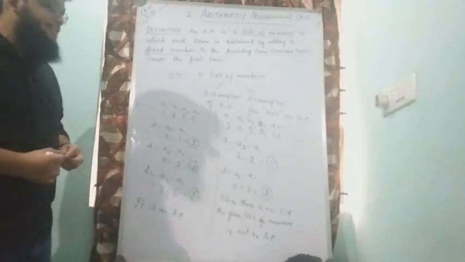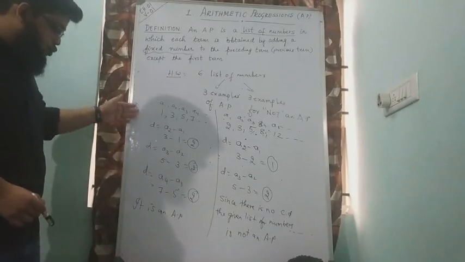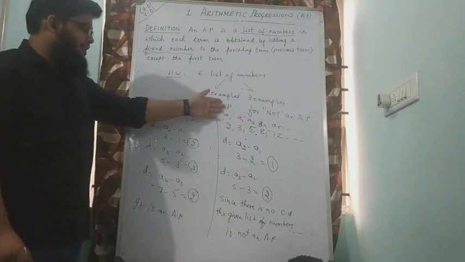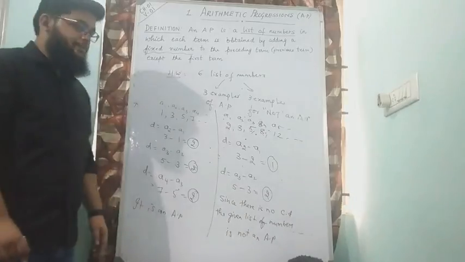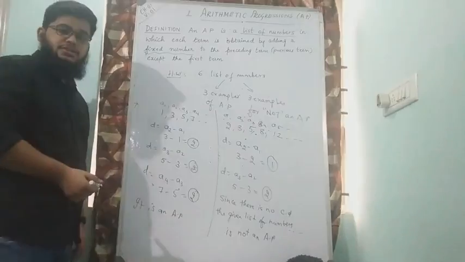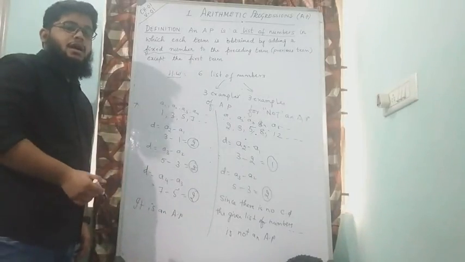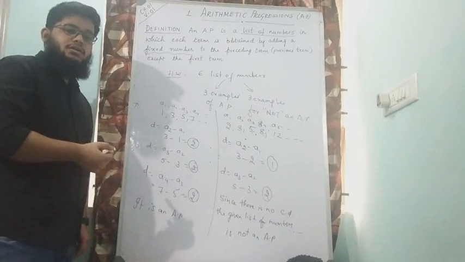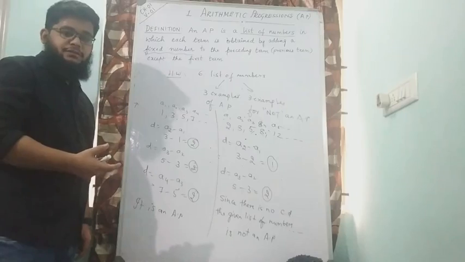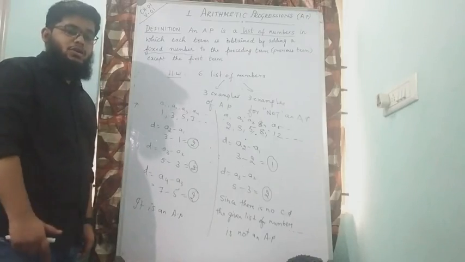So what I want you to do is take 3 examples to show that it is an AP, and take 3 examples to show that it is not an AP. Numbers are of your choice, you can take any value that you want. Please do this homework and then take pictures of it and send it to me on WhatsApp.